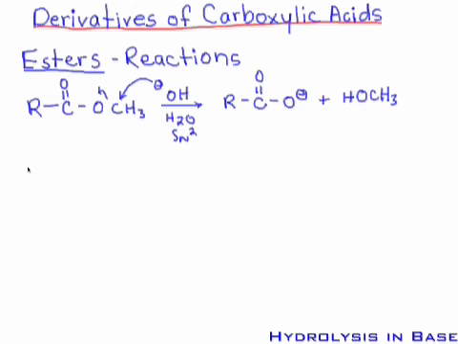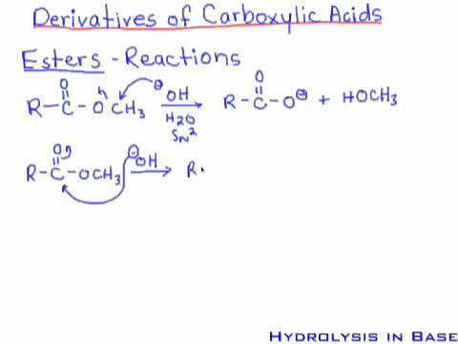On the other hand, I could envisage the type of mechanism we've seen previously, in which the hydroxide attacks the carbonyl and not the methyl. That it goes for the delta plus on the C double bond O. And instead of getting nucleophilic backside attack as in the SN2, we get nucleophilic acyl attack.